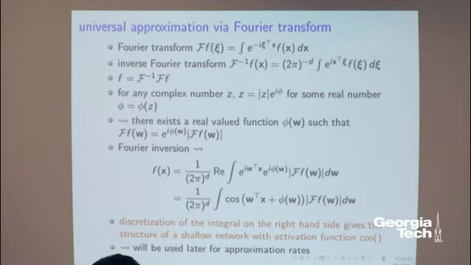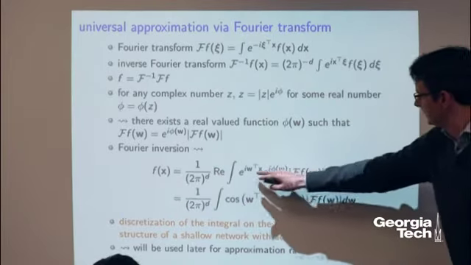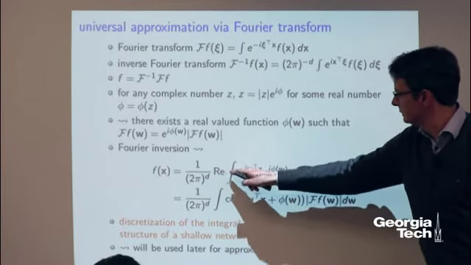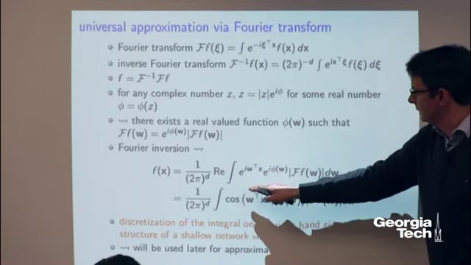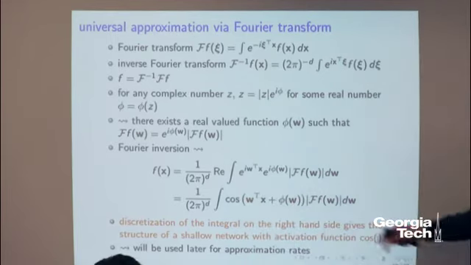And now if you use the inverse Fourier transform here, you use this formula and you stick that in, then you substitute this thing into here, and you get that. And then because you know it's a real valued function, you can take the real part, and you can then take it inside the integral, and that gives you just the cosine here of the exponent.